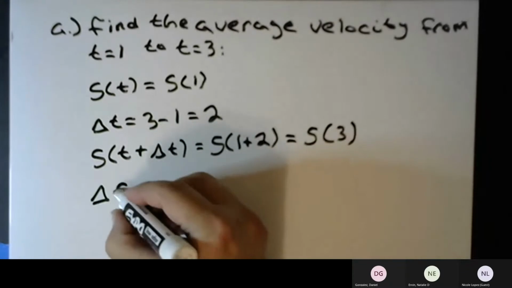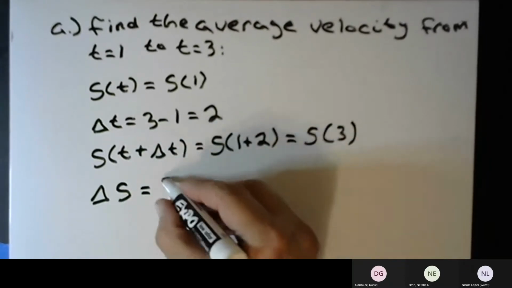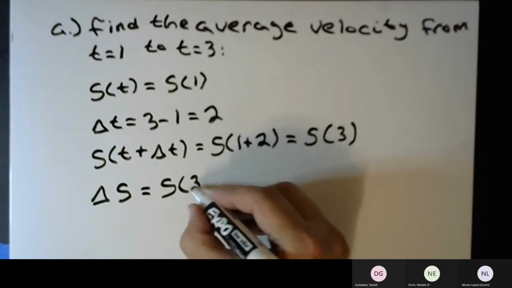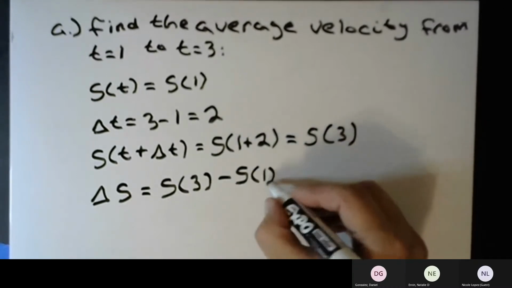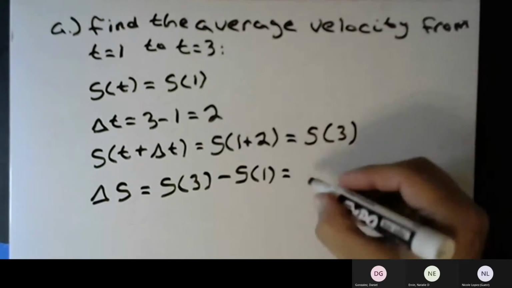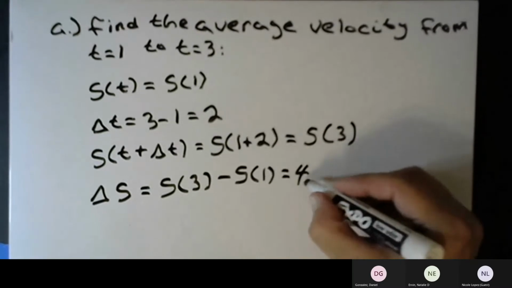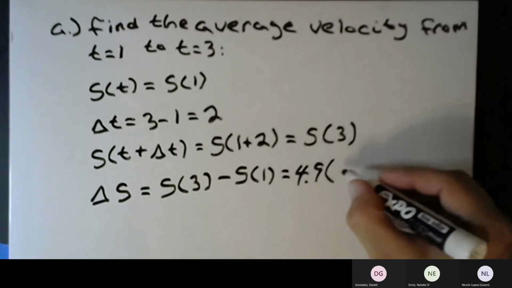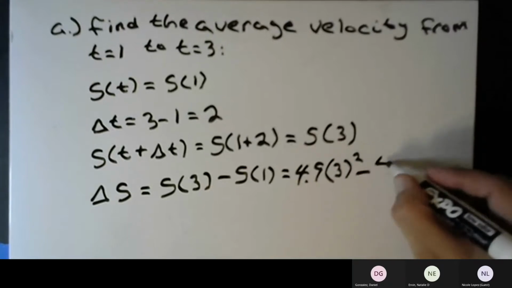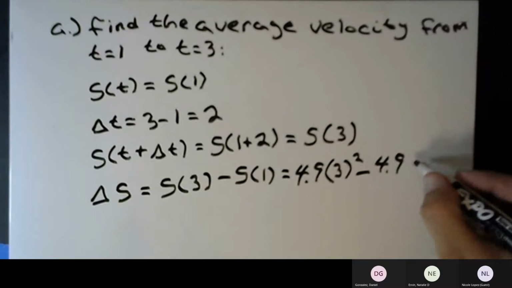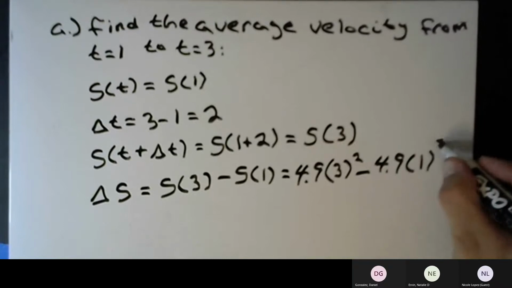So delta s will be s of 3 minus s of 1, or 4.9 times 3 squared minus 4.9 times 1 squared.